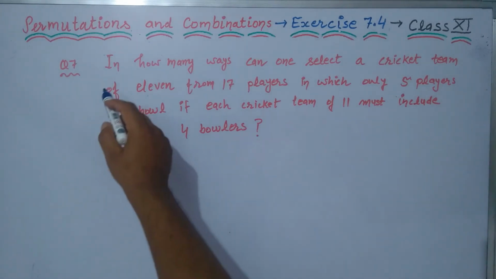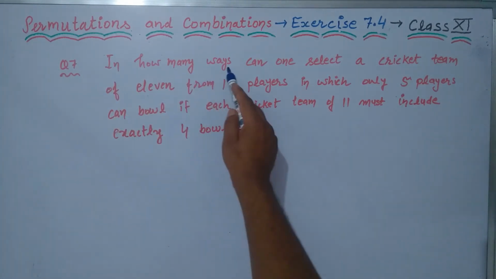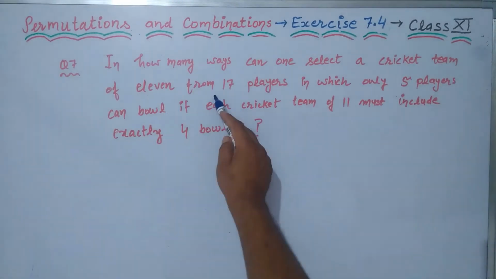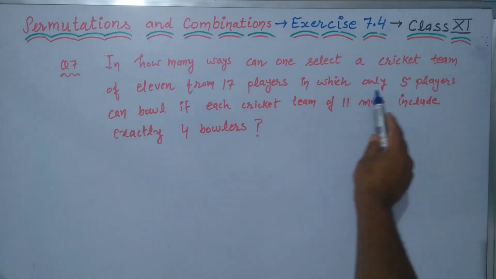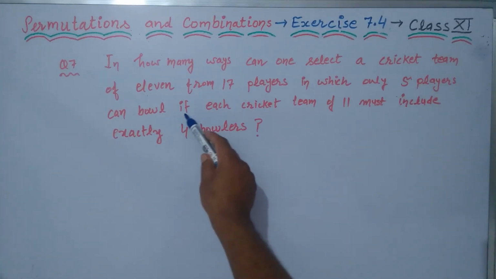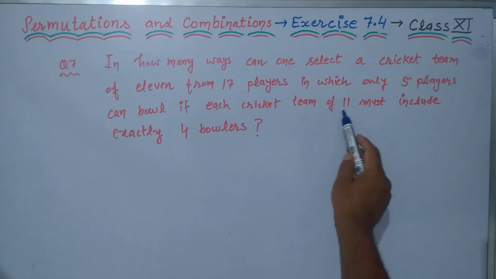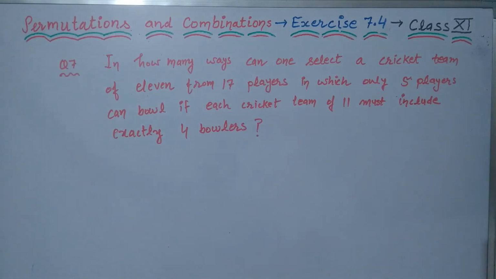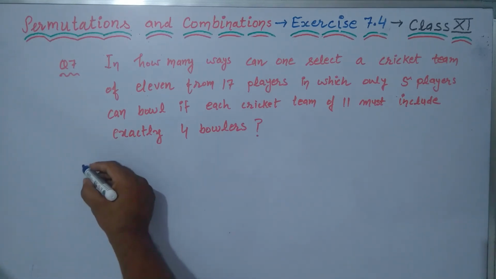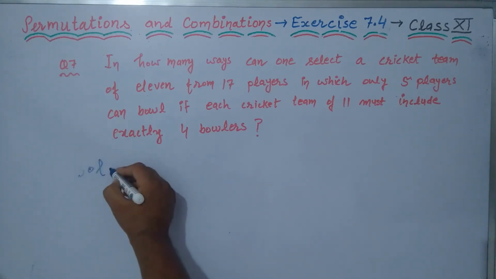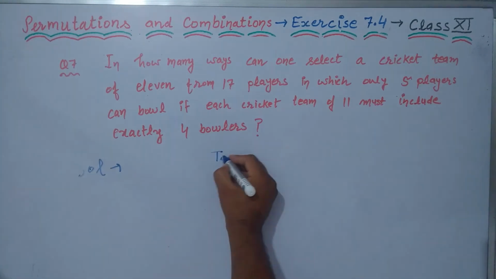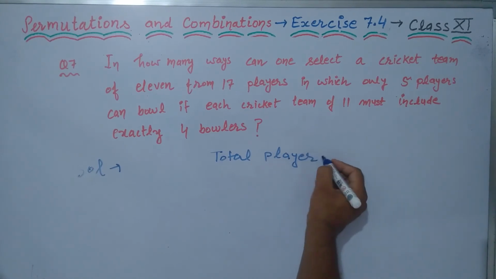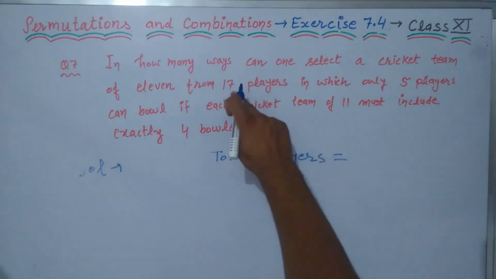Question number 7 is, in how many ways can one select a cricket team of 11 from 17 players in which only 5 players can bowl, if each cricket team of 11 must include exactly 4 bowlers? So here is how the selection will be done. First of all, total players is equal to 17.